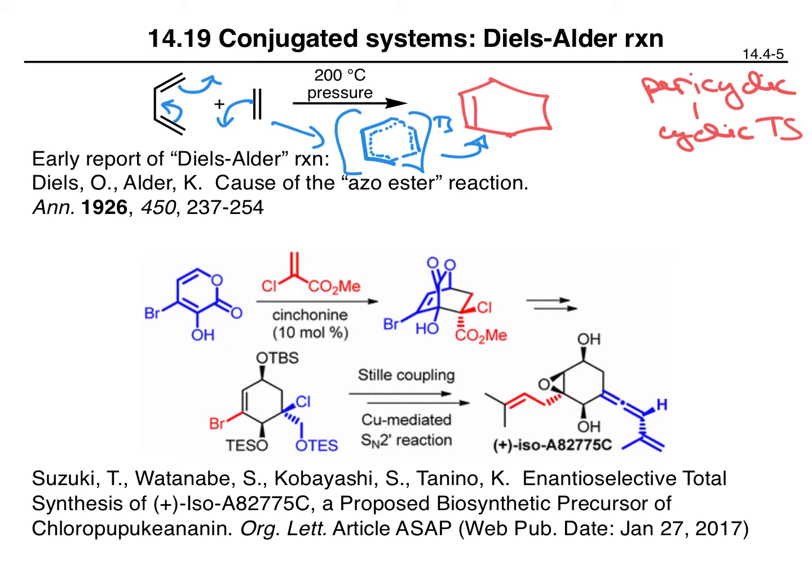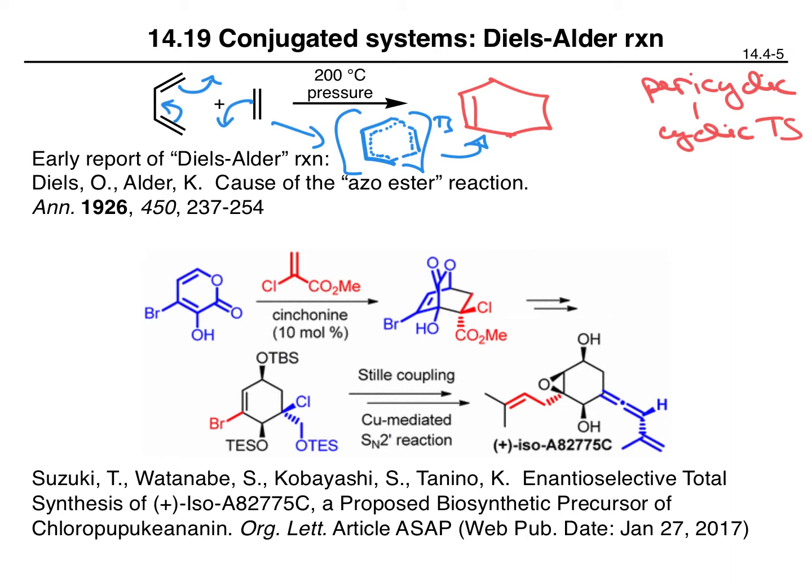Notice, we are breaking 3 pi bonds, we are making 1 new pi bond and 2 sigma bonds. So the net change is a loss of 2 pi bonds and a gain of 2 sigma bonds. Sigma bonds are stronger than pi bonds, so overall this is a really favorable reaction.